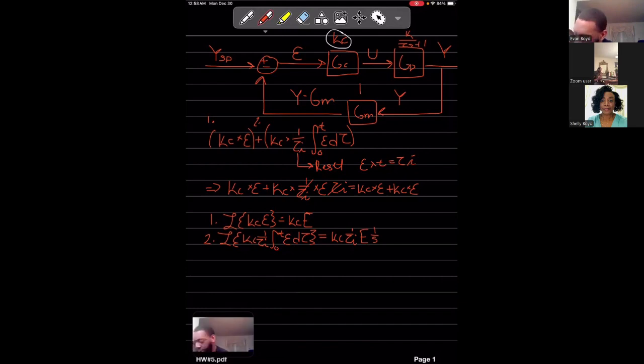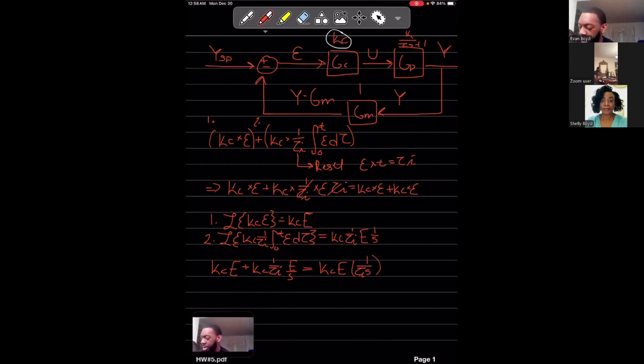So now we can combine them. So we will get Kc times E plus Kc times 1 over tau I times E over S, which we can factor, so we get Kc times E times the quantity 1 over tau I times S. Okay.